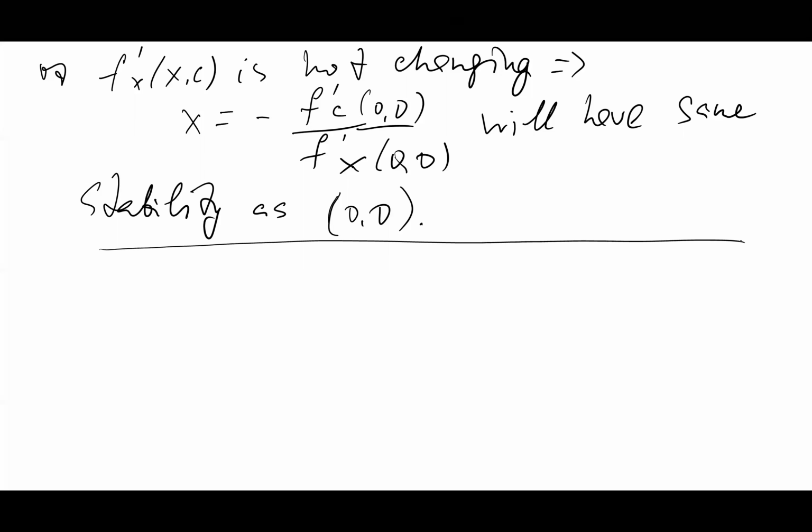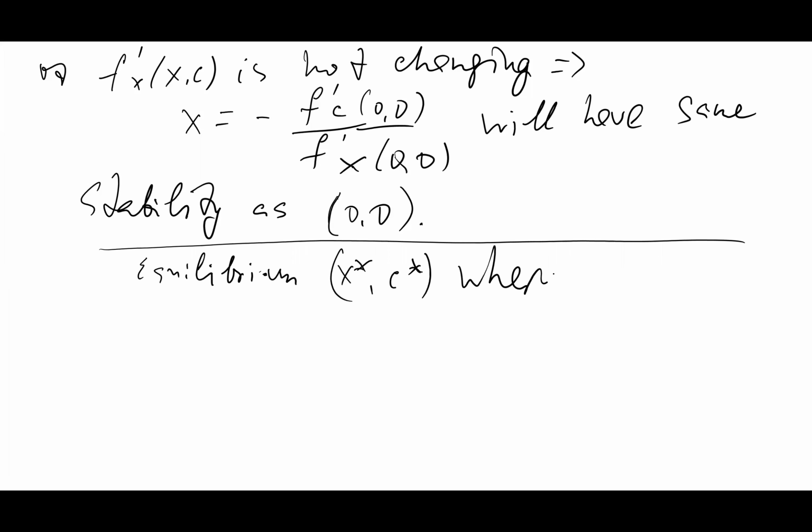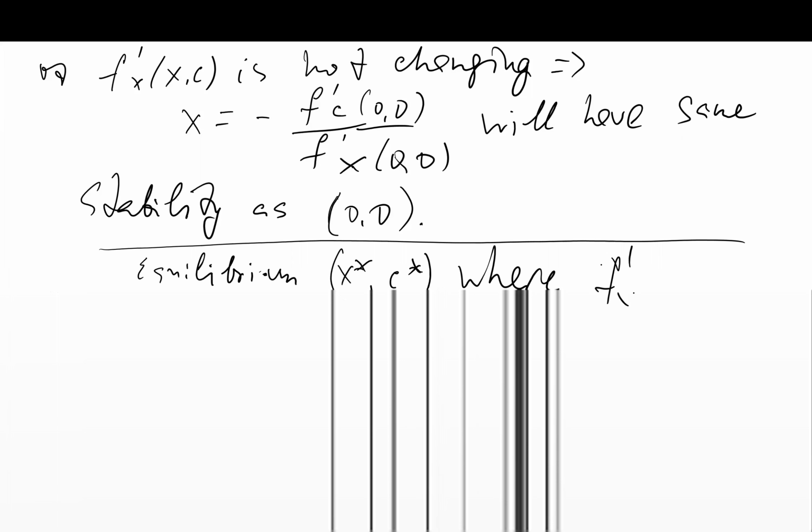This equilibrium, where, let's say, x star, c star, where the derivative of f over x at x star, c star is non-zero, it's very important. That has a special name. It is called a hyperbolic equilibrium.